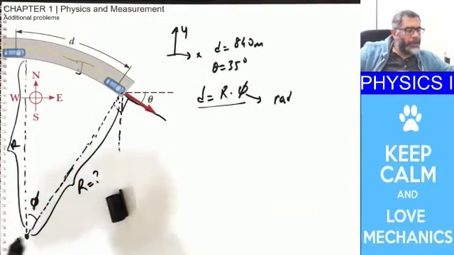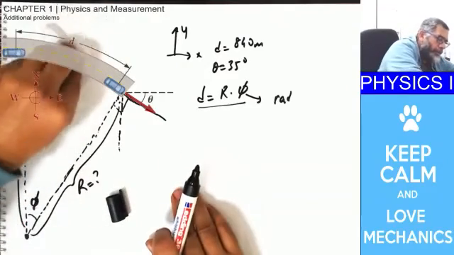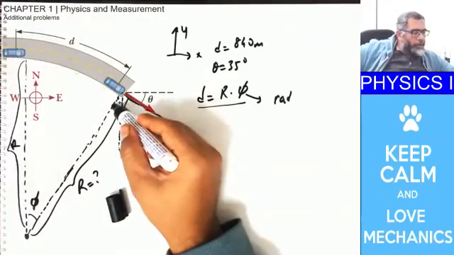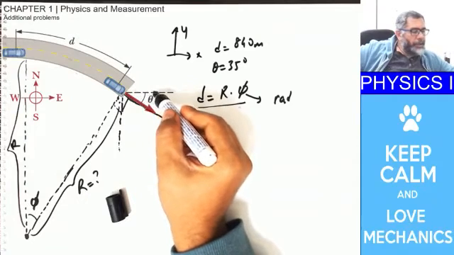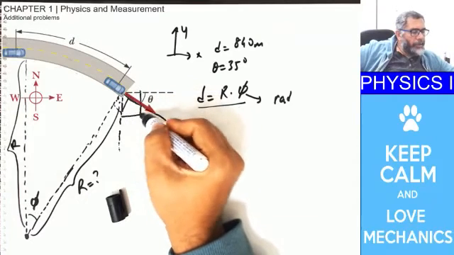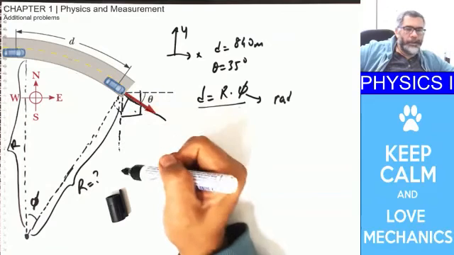This is also another fact from geometry. So this angle is 90 degrees, and this dashed line and this one are also at 90 degrees.